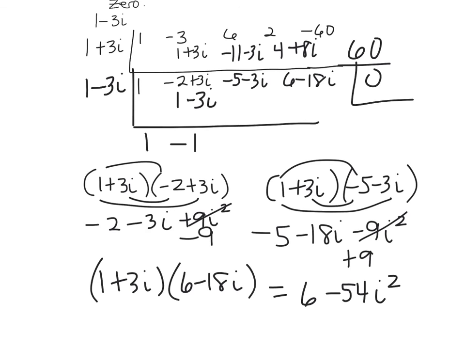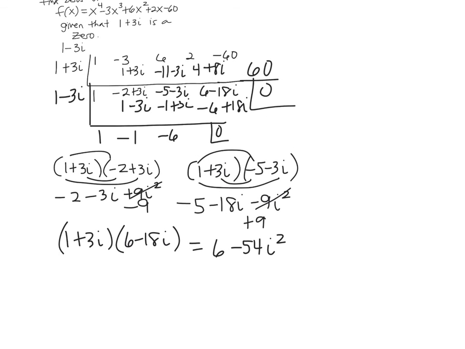Multiply again. You get negative 1 plus 3i. The i's dropped out again, leaving you with negative 6. Multiply negative 6 times 1 minus 3i. You get negative 6 plus 18i, and there's our 0 again.